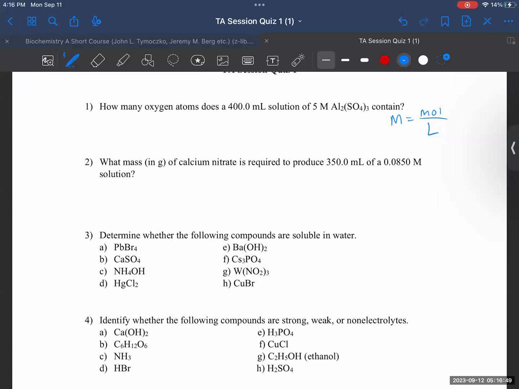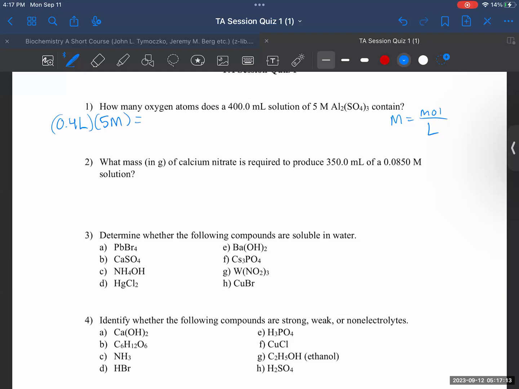We can find the moles of aluminum sulfate. And if we know how many moles of aluminum sulfate there are, we know how many moles of oxygen atoms there are. So we're going to do 0.4 liters times 5 molar, which is the moles of aluminum sulfate.